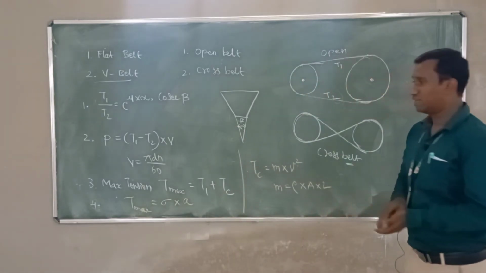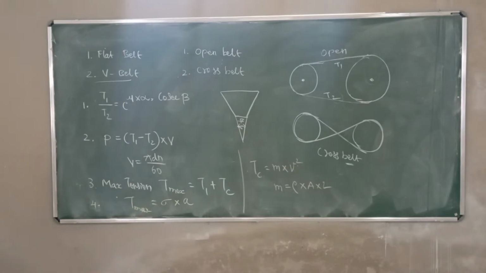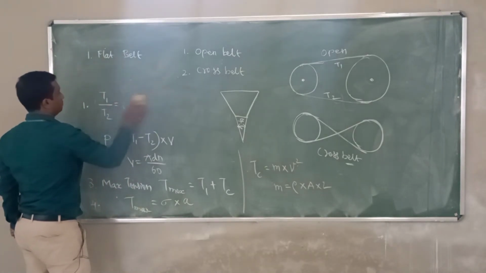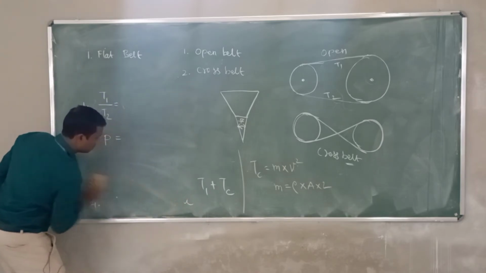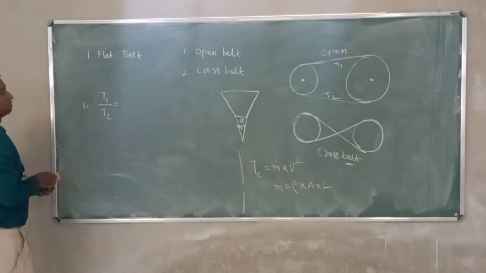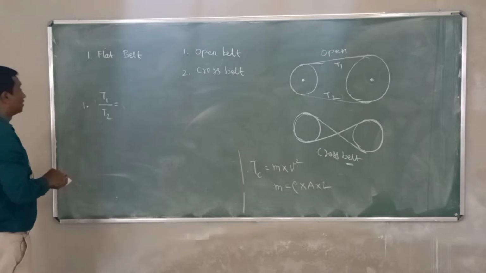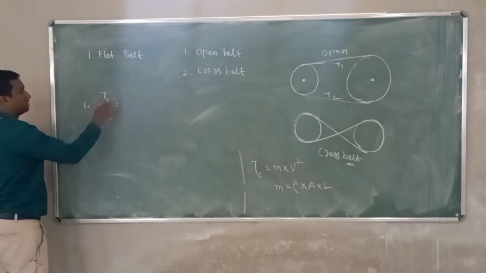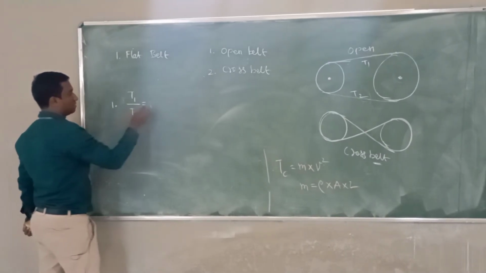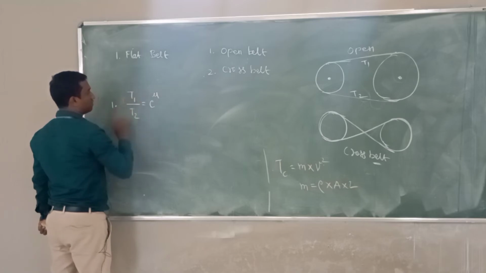Now let me explain the flat belt. In the flat belt, the same T1 T2 ratio, tight side and slack side ratio, is used here, equal to e power mu alpha, where mu is the frictional coefficient.